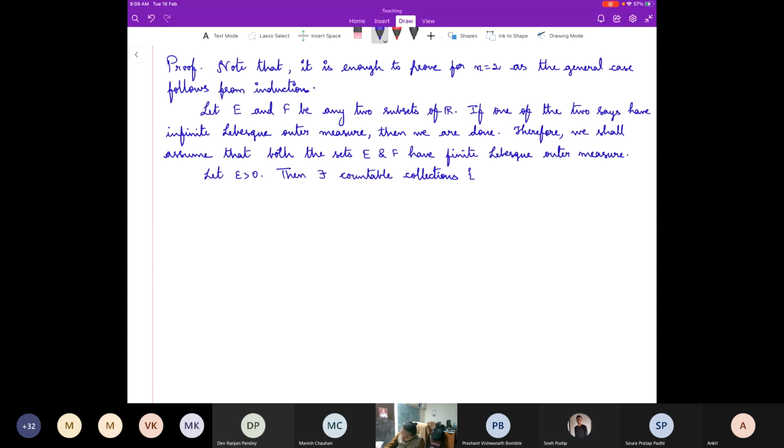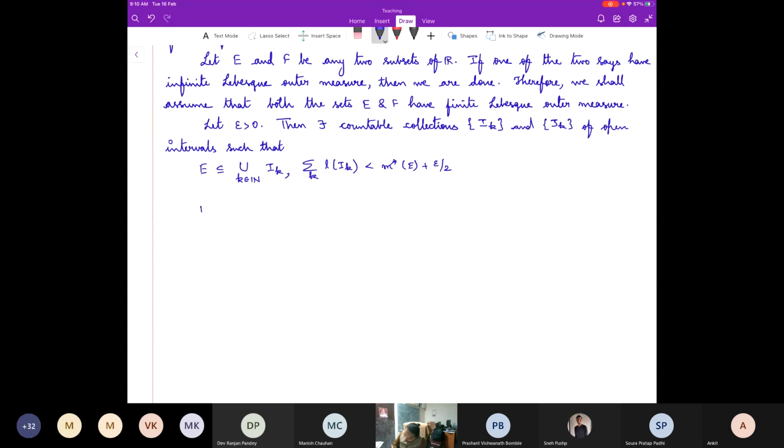There exist countable collections I_k and J_k of open intervals such that E is contained in the union over k in N of I_k, and the summation over k of the length of I_k is less than m star of E plus epsilon by 2.